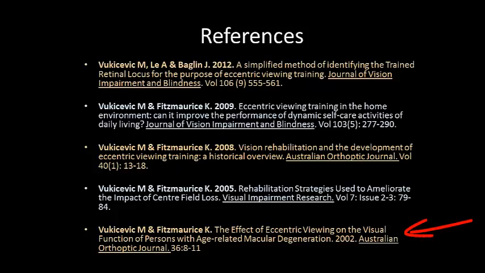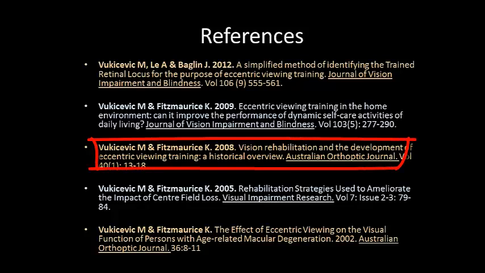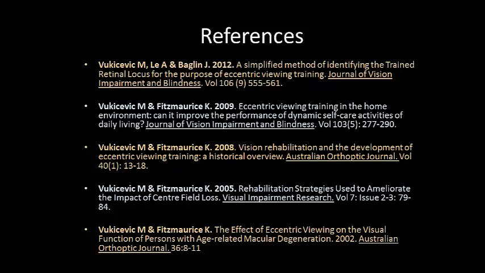And the final one is the effect of eccentric viewing on the visual function of persons with age-related macular degeneration. So have a look at that too. And then if you're interested in vision rehabilitation and the development of eccentric viewing training, there's a brief historical overview published in the Australian Orthoptic Journal as well.